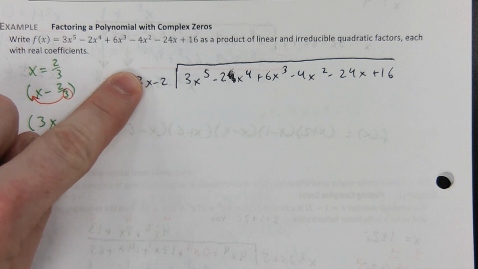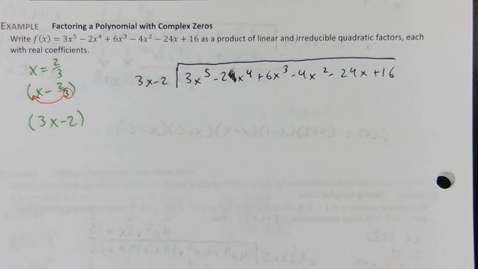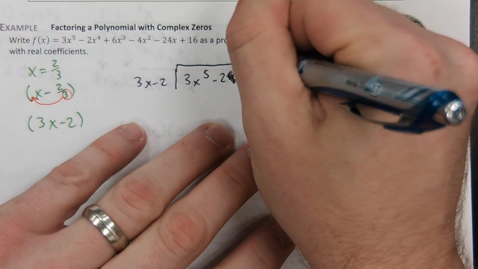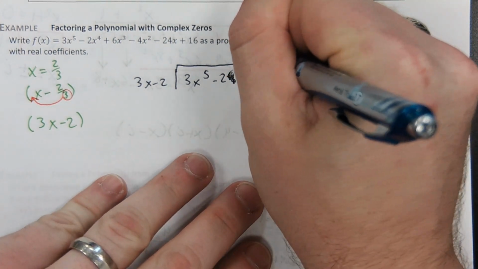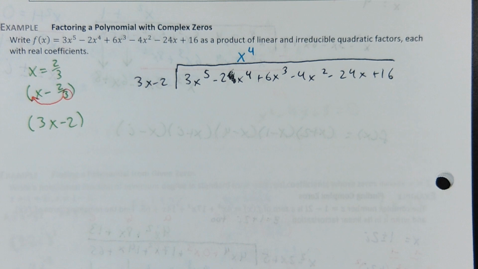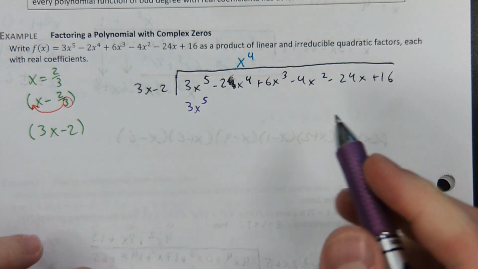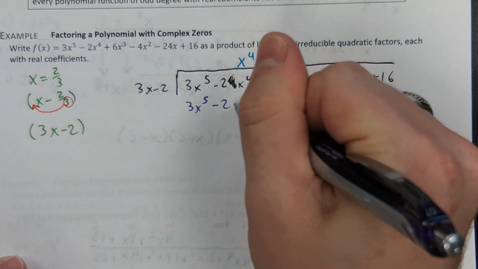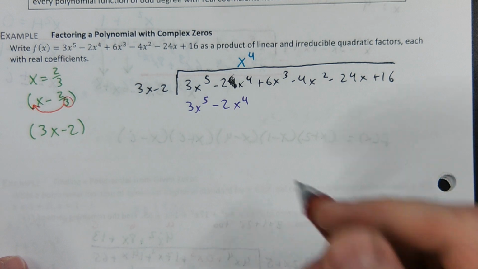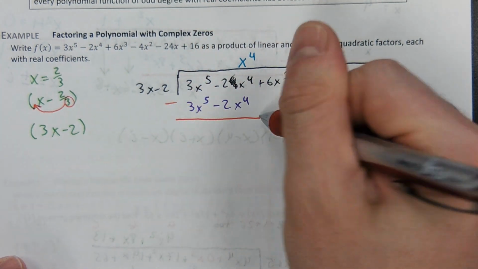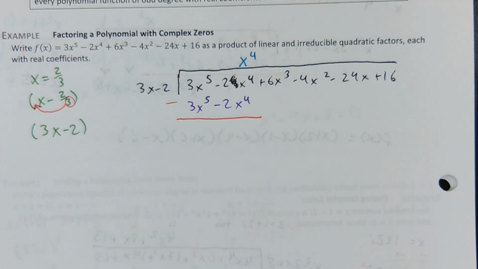I need this 3x to become a 3x to the 5th. x to the 4th, yeah. x to the 4th, I like my like terms to line up, so I'm going to put that right here. I'm going to distribute that x to the 4th now. x to the 4th times 3x is going to give me 3x to the 5th. And x to the 4th times -2 is -2x to the 4th. Now, when I subtract straight down, I'm going to get 0.